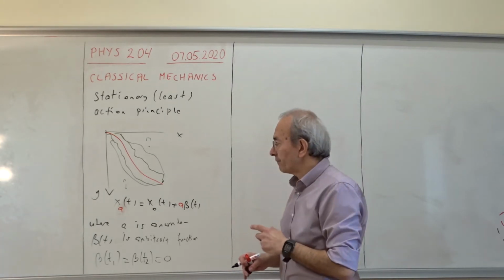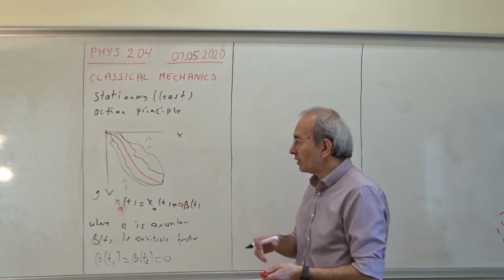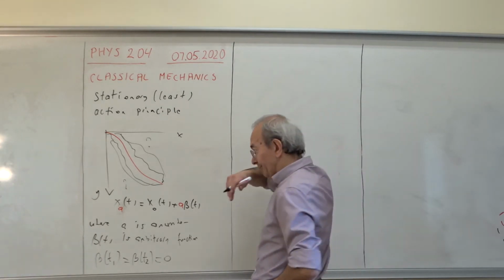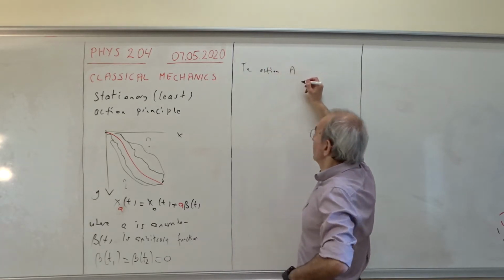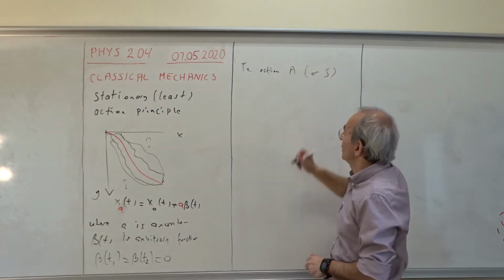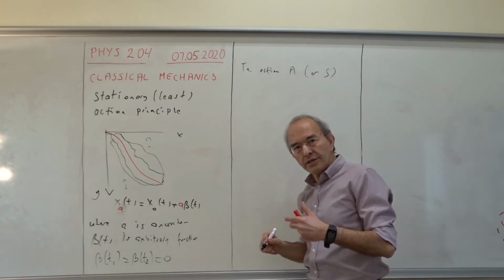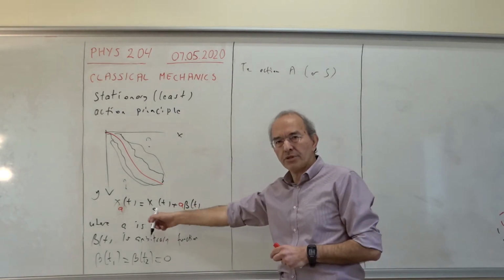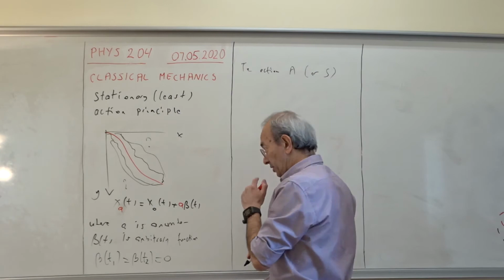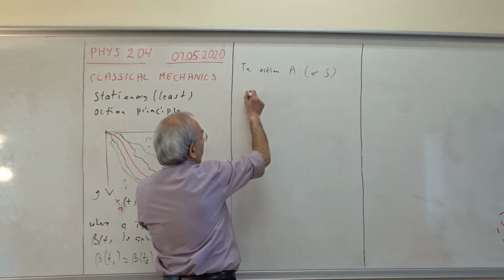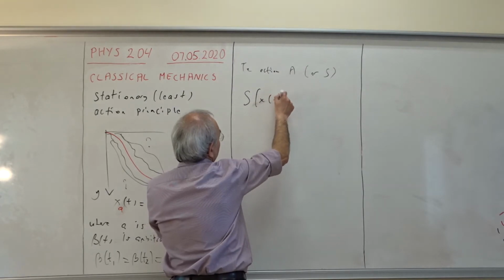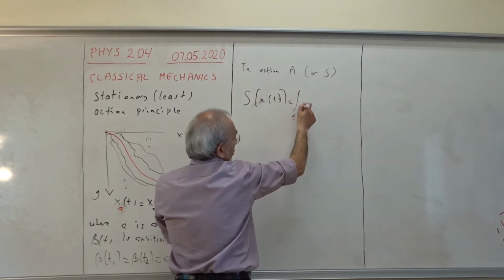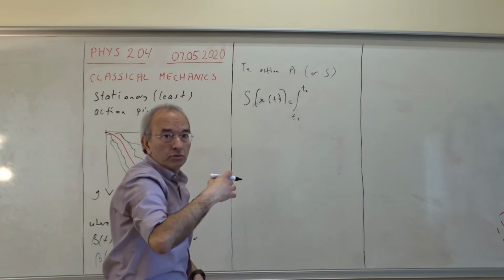So the functional, the action A or S, is in general an integral, like this J, capital J, as I erased here. So this S of x of t is an integral from the beginning to the end, t1 to t2.